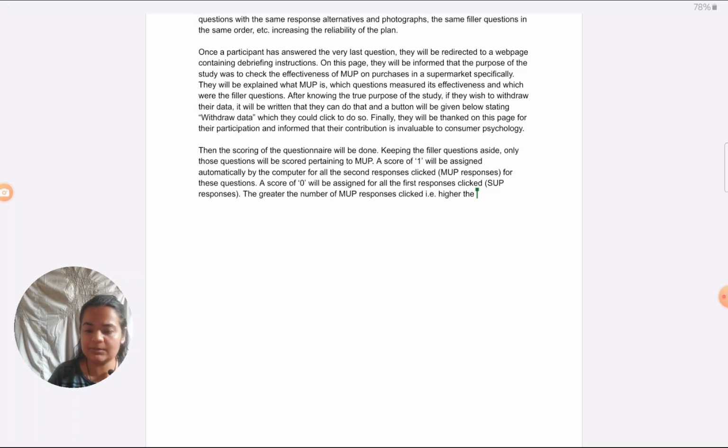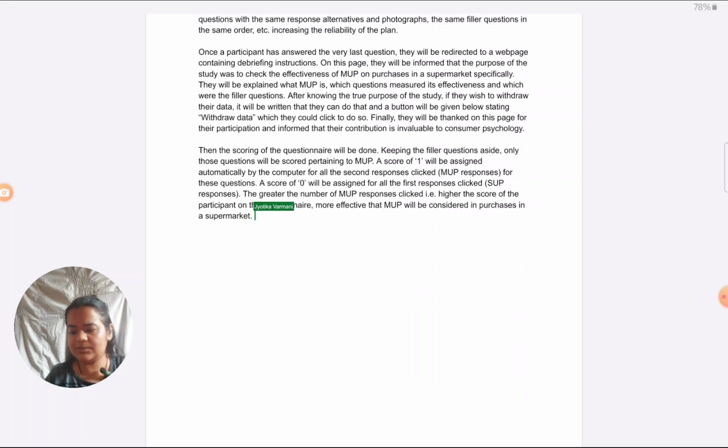So, the higher the score of the participant on the questionnaire, the more effective MUP will be considered in purchases in a supermarket. So, this is how we interpret, right? This was the scoring, 0 and 1. This was the scoring which they tell you to do for a questionnaire study. And this is the interpretation. This is how we are interpreting the scores.